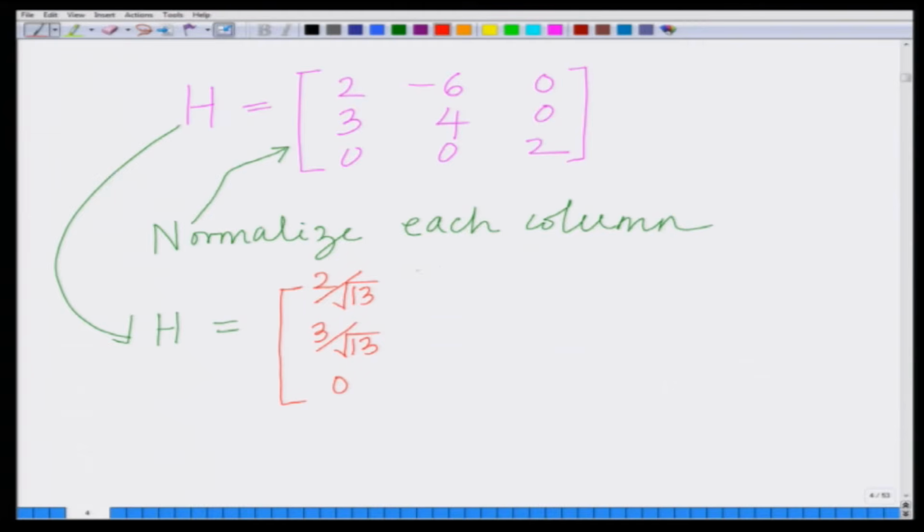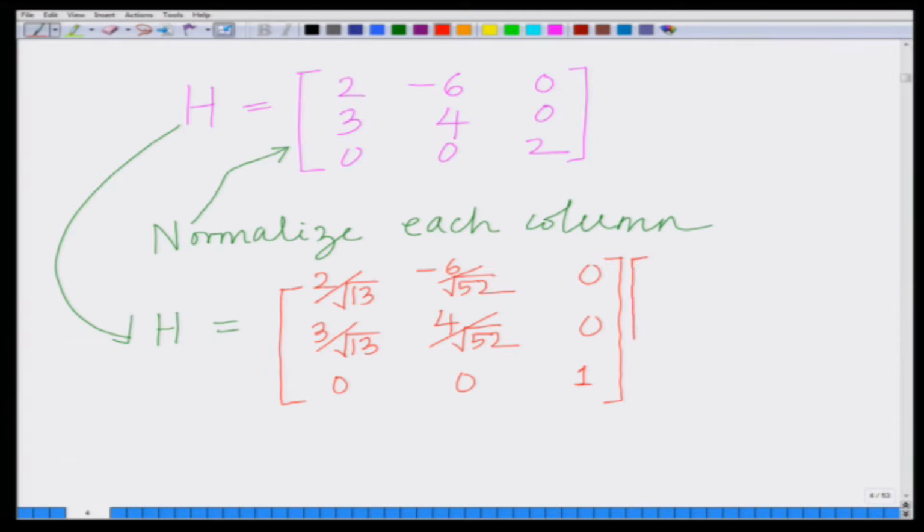So, I can divide by the square root of 52 to make this column unit norm. So, I will have minus 6 divided by square root of 52, 4 divided by square root of 52, 0 divided by square root of 52 is 0, and the third column has only one element 2. So, the norm of this is square root of 2 square, which is square root of 4, which is 2. So, I have 2 divided by 2, which is 1.